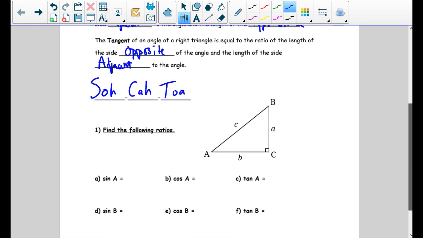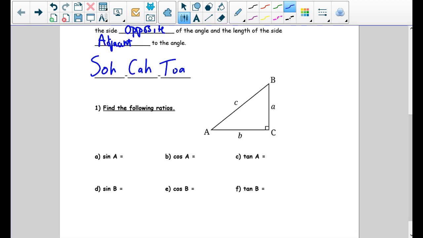So now, let's take a look. What if I'm looking at angle A here? Well, if I'm looking at sine of angle A, sine says opposite over hypotenuse. So, looking at A, what side is opposite of angle A?